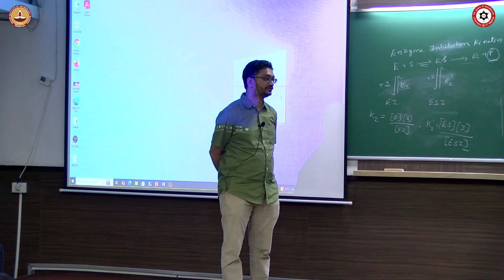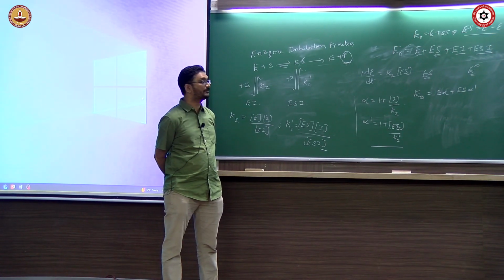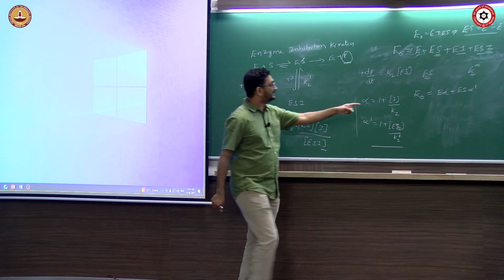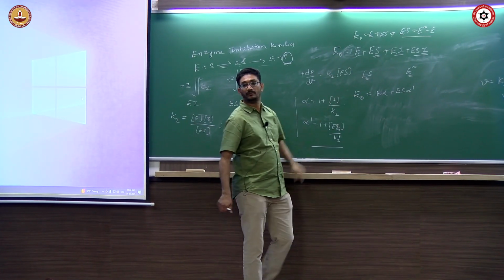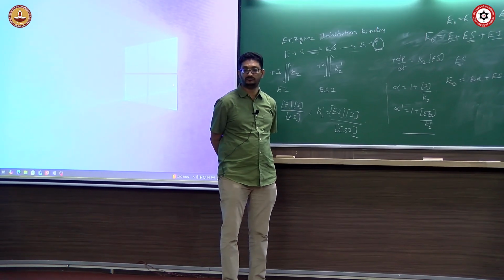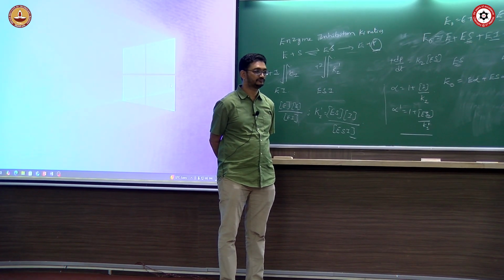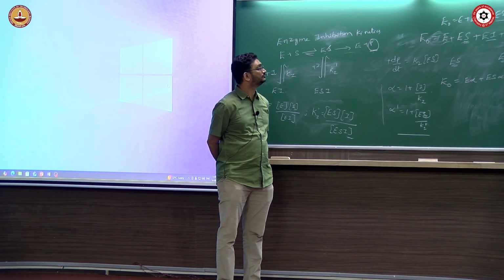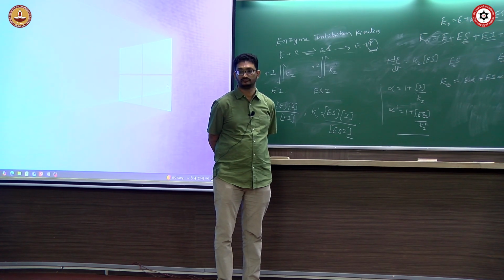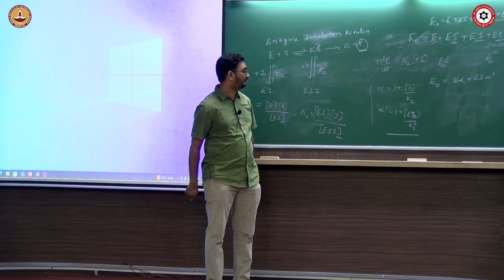I'll give you 2 minutes. I have just given you that expression. Just make sure that I'm not making any mistake. Whether these two are the same or not is what I want to confirm. The alphas are given.